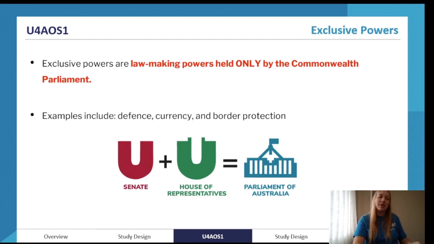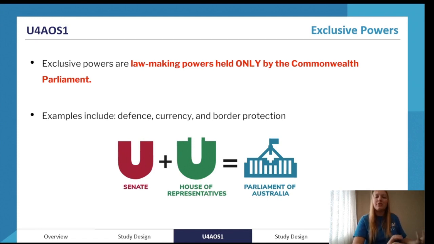Examples of these include things that are very clearly only the country itself can do, such as defense, military, currency of the country, border protection. And of course, you might even say things like Commonwealth level criminal offenses. There's lots you could think of. You might think about export and import with other countries as well.